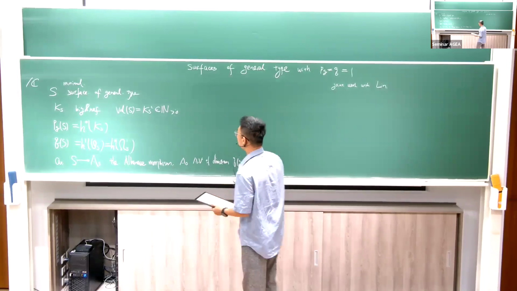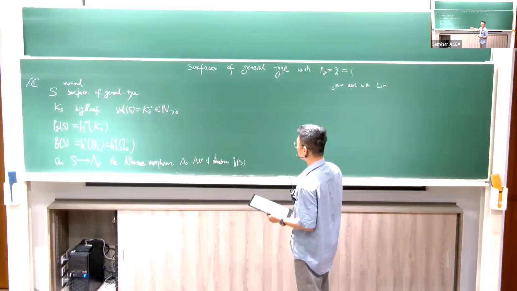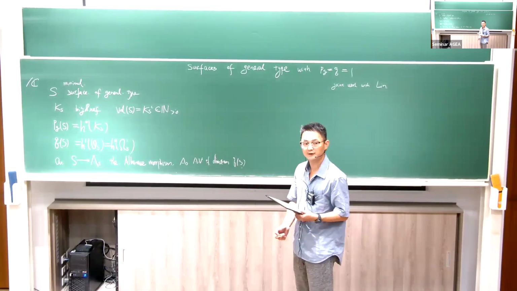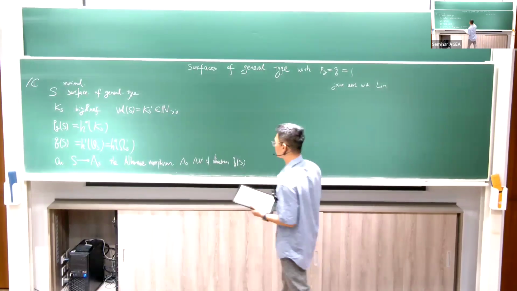There is another very important birational invariant, the holomorphic Euler characteristic.